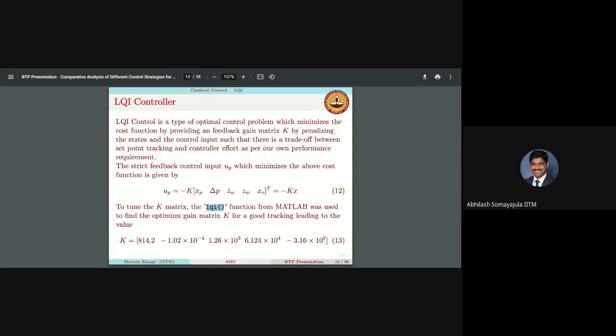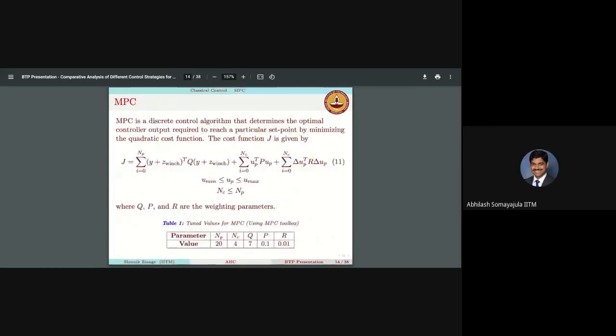So if we go back to the MPC versus LQI, I think one thing you have clearly mentioned is that here we are only interested in Y plus Z winch, whereas in the LQI, we use the entire state vector, correct? Yeah. Now, how do NP and NC play a role? What values are they going to have when I'm doing an LQI?